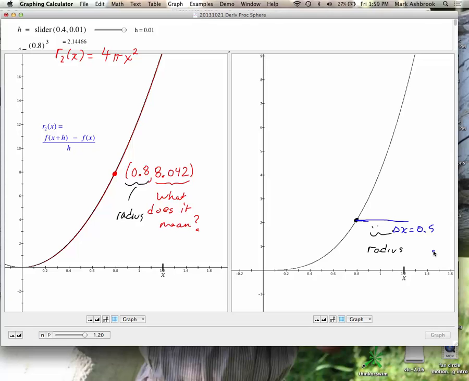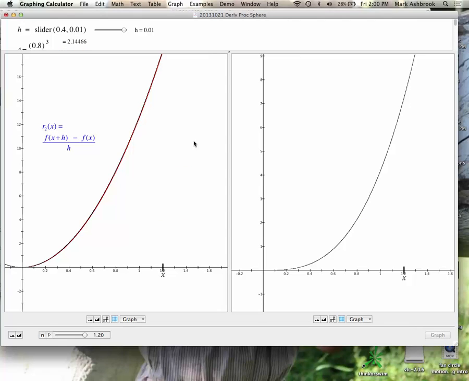So it's true that the change in volume is 8 times the change in radius if, what's the key factor here? If that change in radius is very, very small.